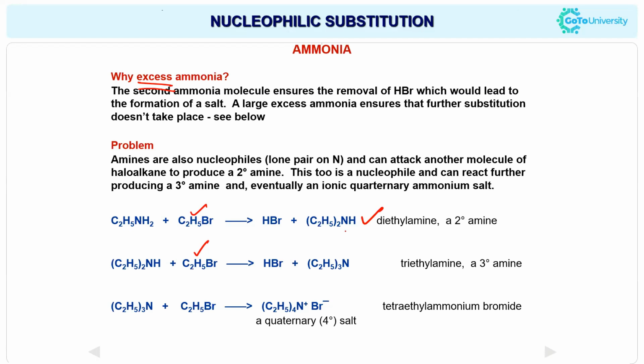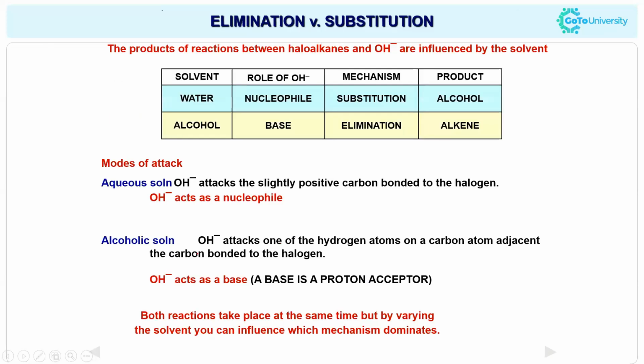If you want to produce a tertiary amine, the secondary amine produced in this step should react with another molecule of alkyl halide. Instead of ammonia, you take the primary or secondary amine to produce the next one. This is how we carry out the nucleophilic substitution reactions of halogenoalkanes.